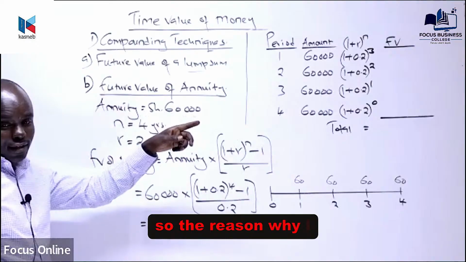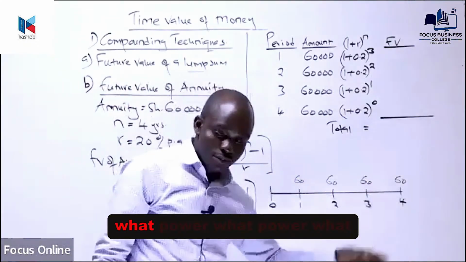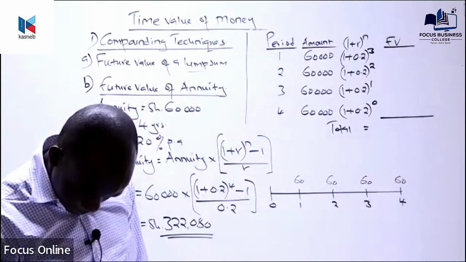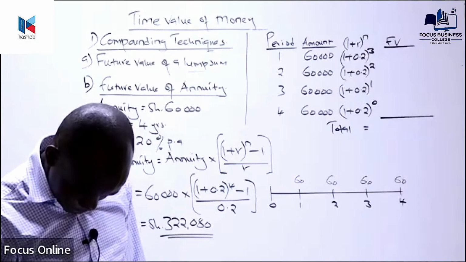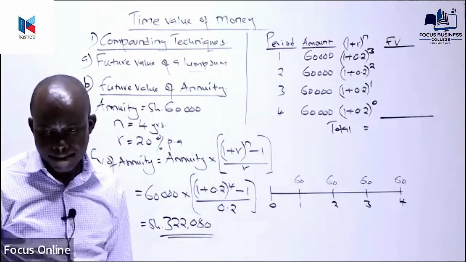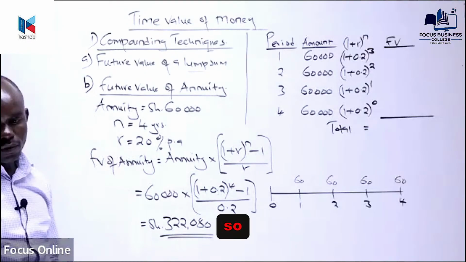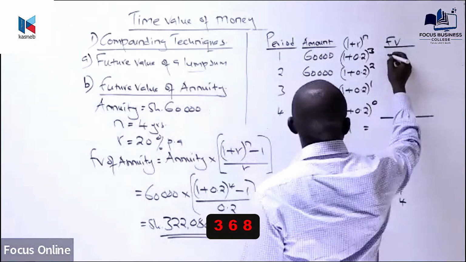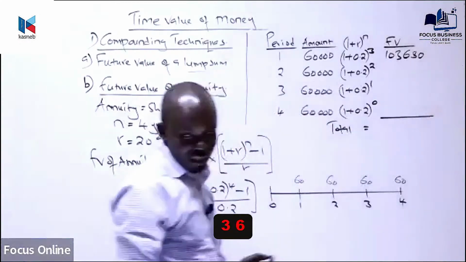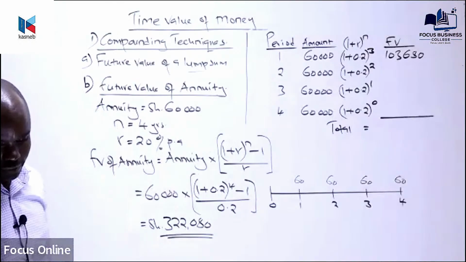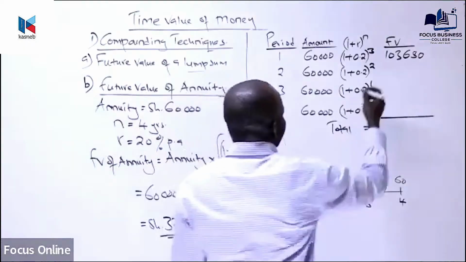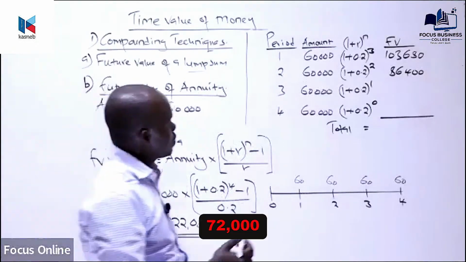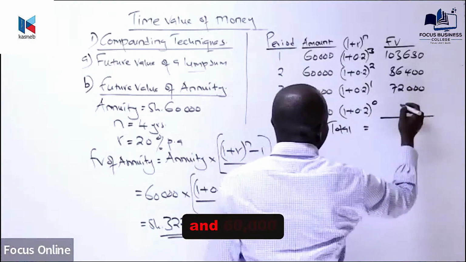The reason I want you to get the concept here is power what, power what, power what. 103,680 must be the first one, then 86,400, 72,000 and 60,000.